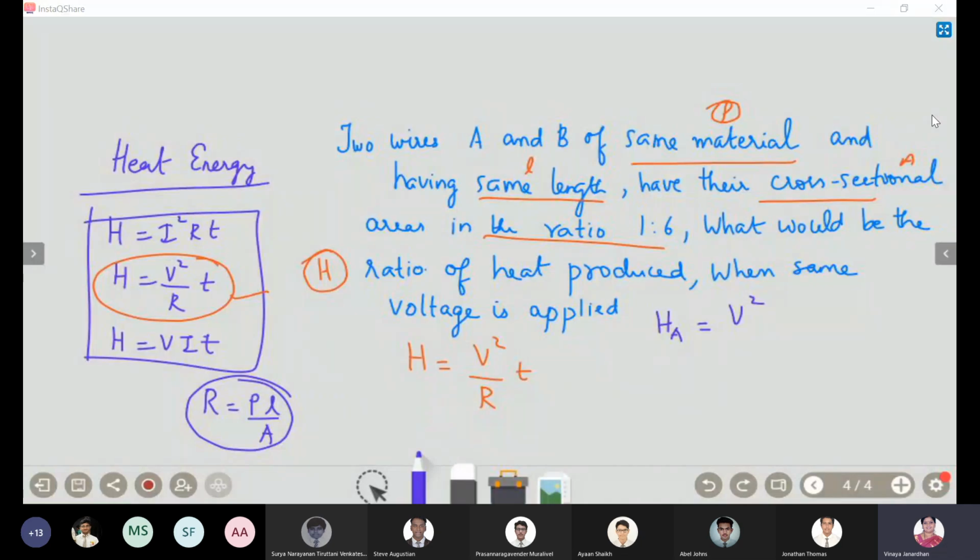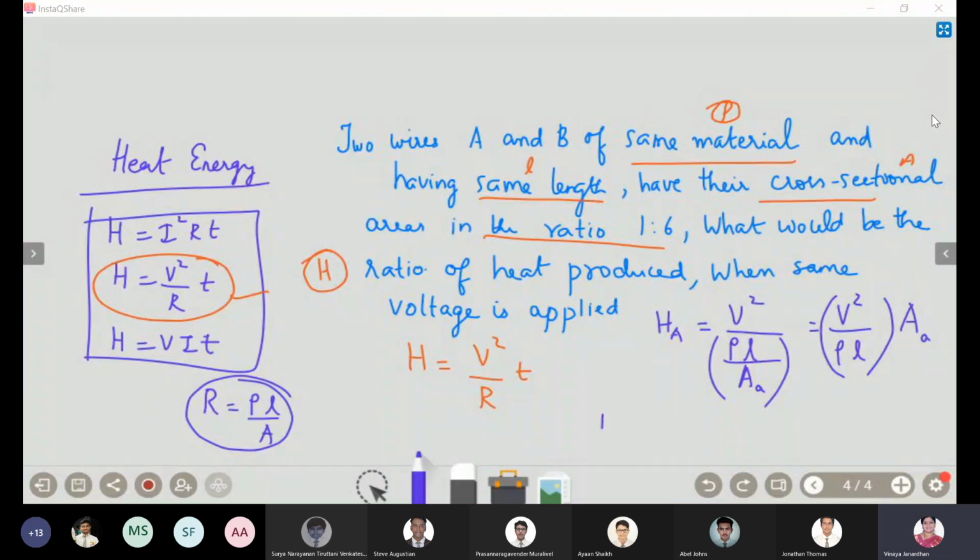Up to you, boys. So HA will be equal to V squared divided by R, where R is rho L by the area of the first one. Rho is going to be the same for both materials, and the length is also going to be the same. So you are going to get V squared over rho L times the area.